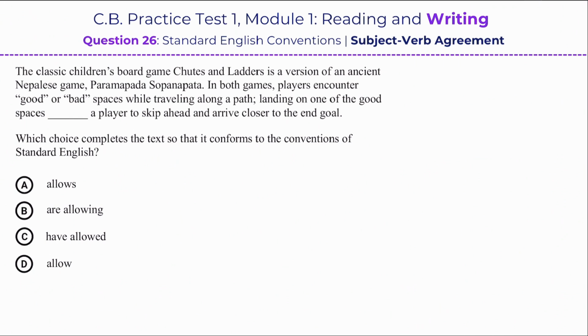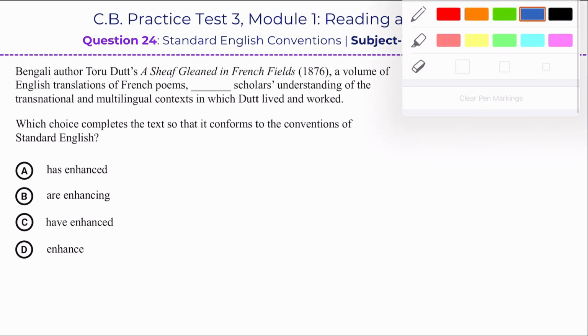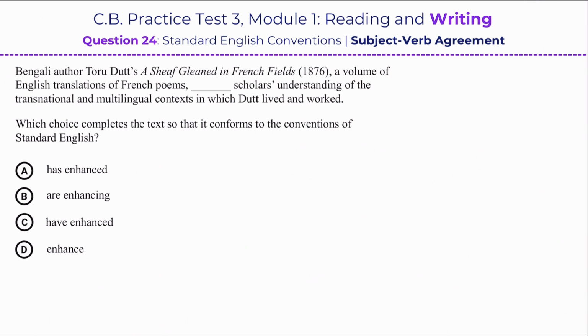If we look at another question here, you'll see that this first set of questions are all from the College Board practice exams that you can download for free on the College Board website. I labeled what practice test number it is, what module you can find this question in, and what the question number is. You'll also notice it's labeled as subject-verb agreement, but that should be obvious because this whole lesson is about subject-verb agreement.